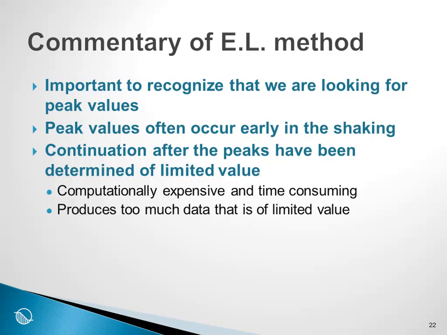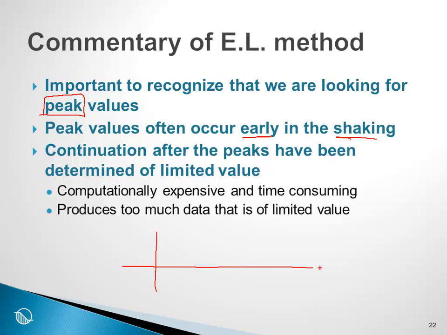It is important, once again, to recognize that we are looking for peak values. And the peak values often occur early in the shaking. So continuation after the peaks have been determined is of limited value.